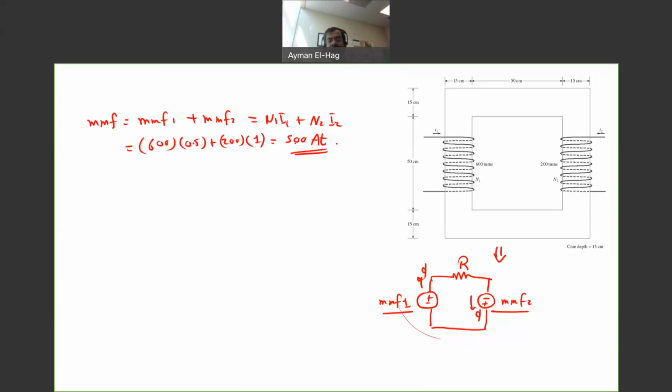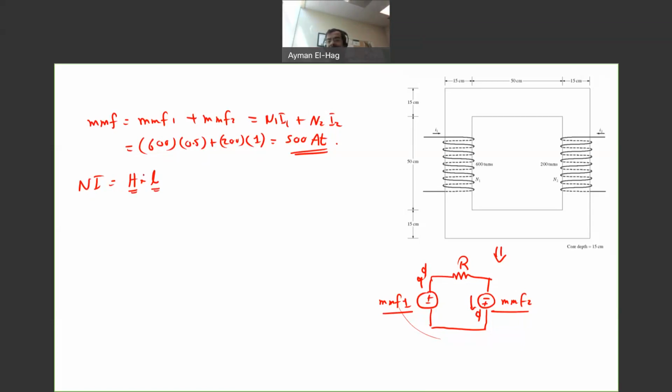Now what is this? This is your NI, but NI is equal to H times L. H is the magnetic field intensity and L is the mean path.